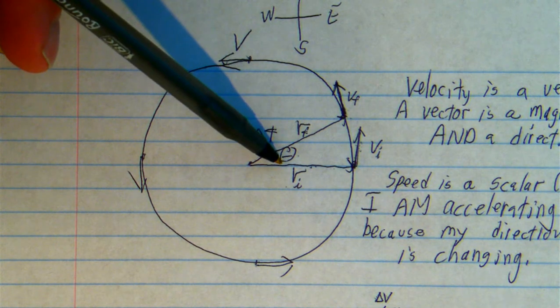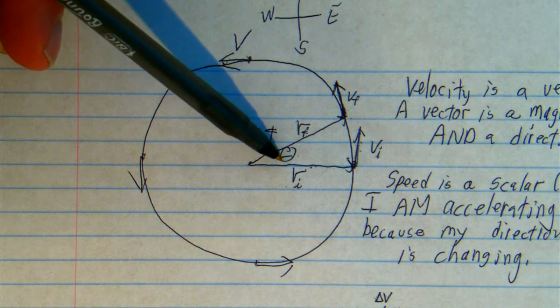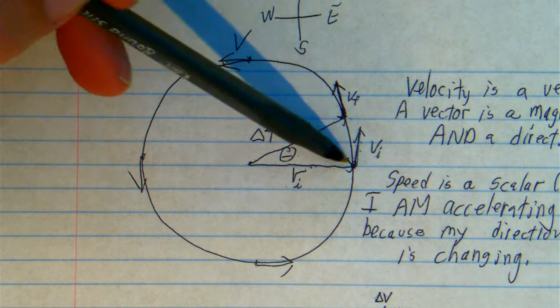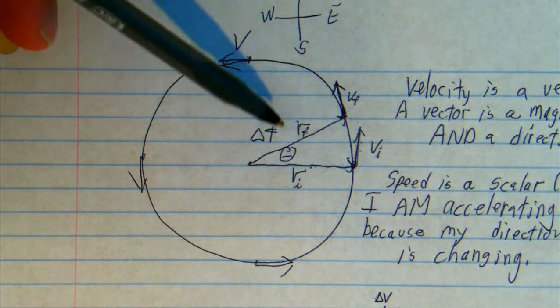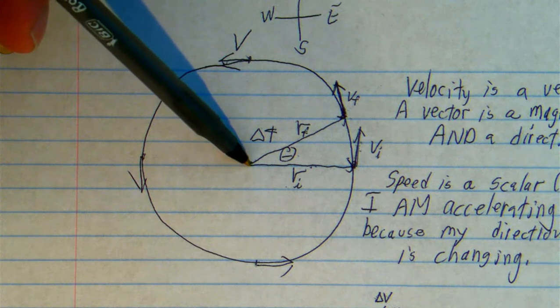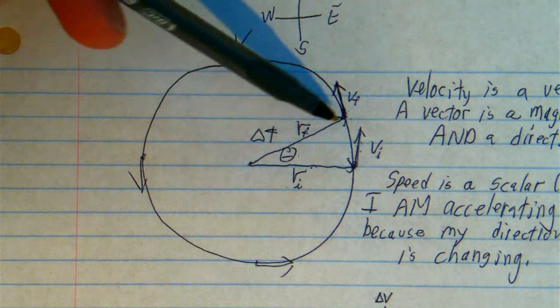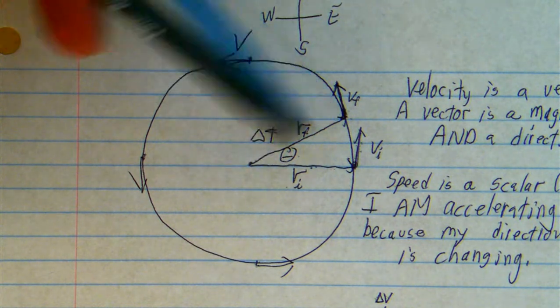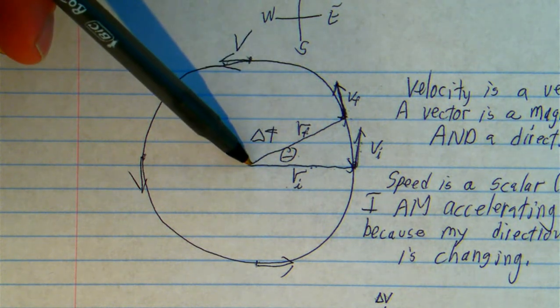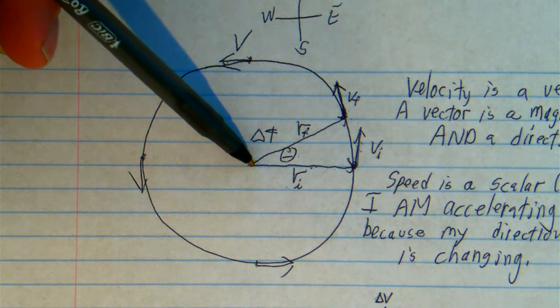The string is what's preventing it from doing that by constantly pulling it towards the center of the circle. The direction of this pulling is always towards the center of the circle. So that's how this got its name of centripetal acceleration.